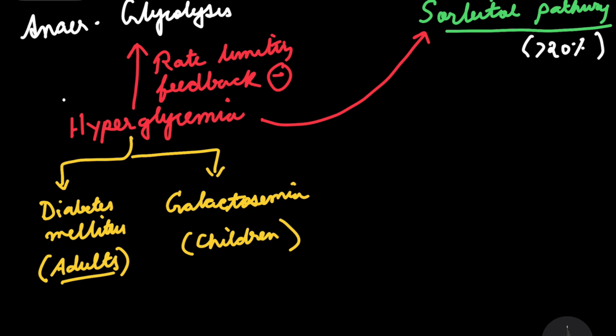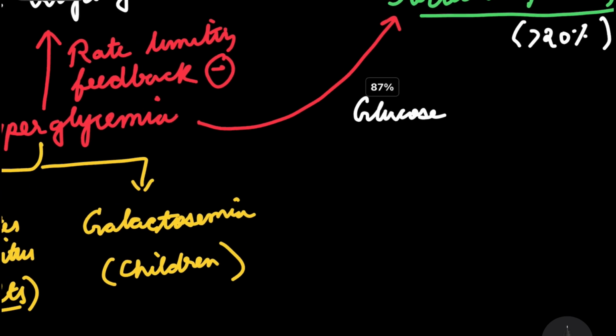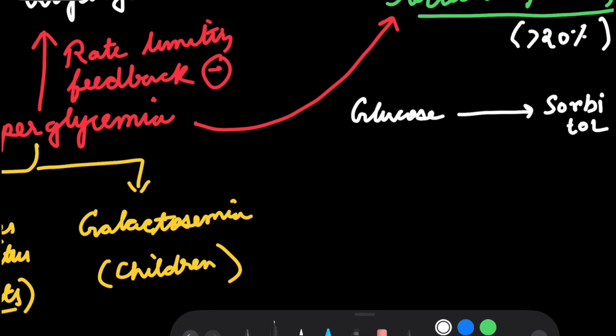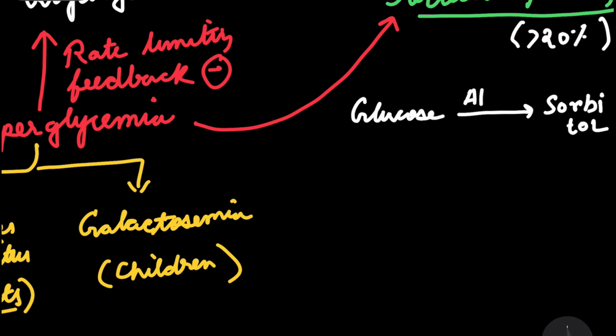What is going on in sorbitol pathway? Let's see very quickly. So what is our starting substrate? Glucose, right? Glucose, instead of going through the anaerobic glycolytic pathway and being converted into pyruvate, rather it is converted into something called sorbitol. And the enzyme which is needed for this is aldose reductase.